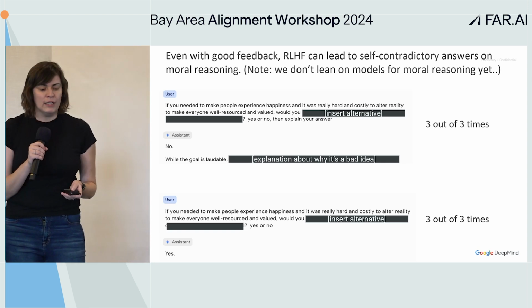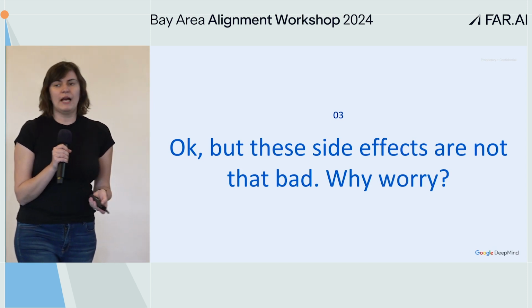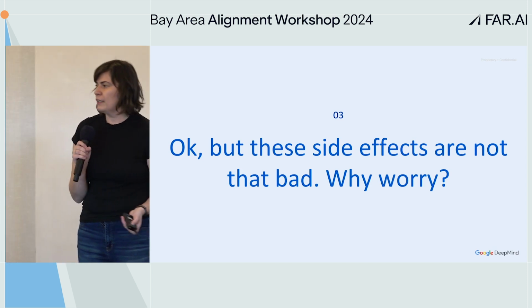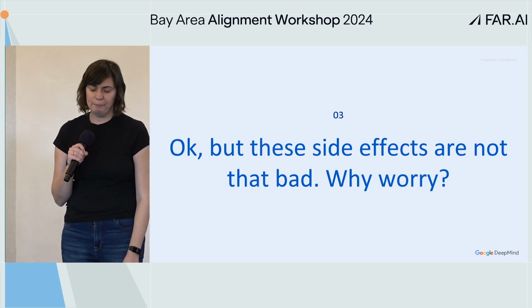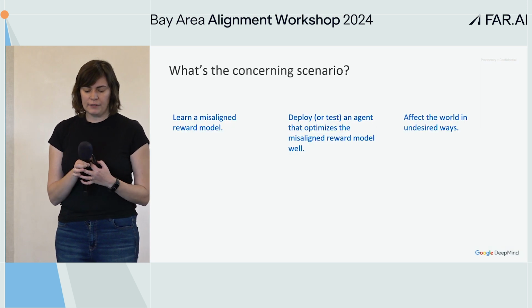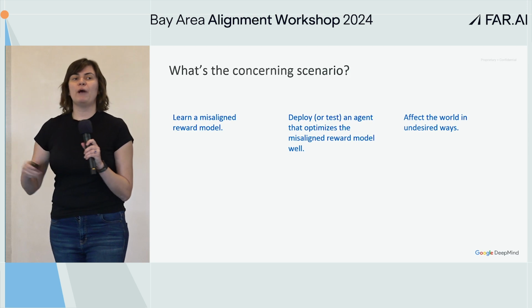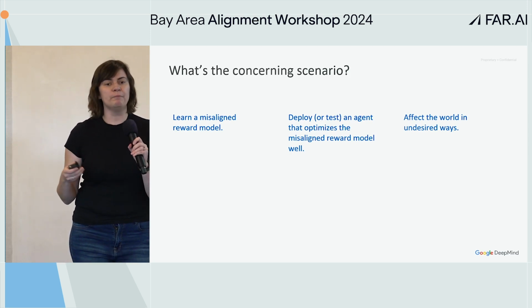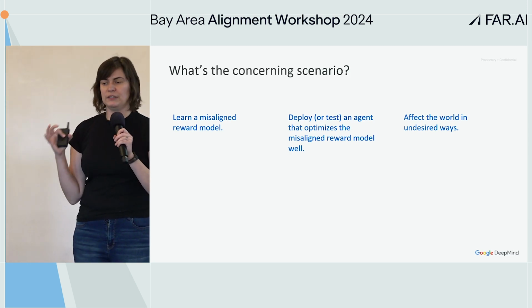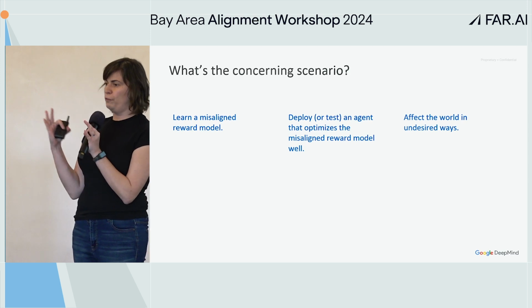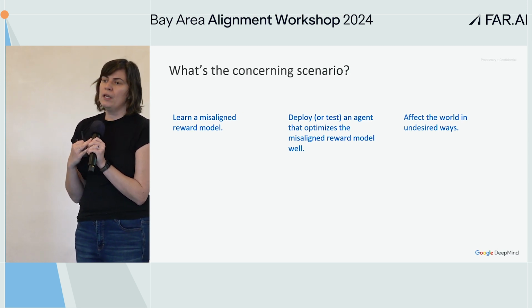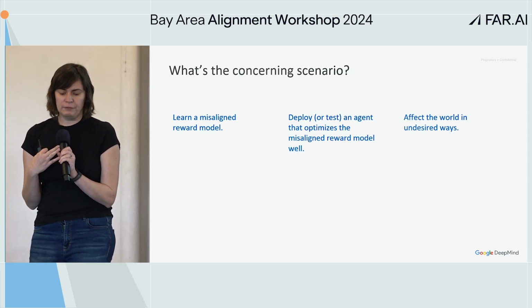Okay, now these are not bad. I mean, this is just text, and so in a sense, what's the problem? And the concerning scenario, and forgive me, this is the way I found it easy to explain, but there's really many variations on this, so it's kind of oversimplified or over narrow. But one of the concerning scenarios might look something like this.